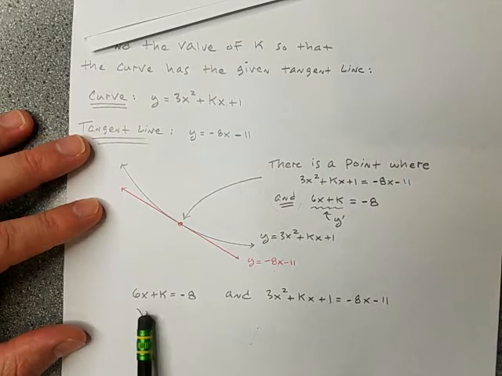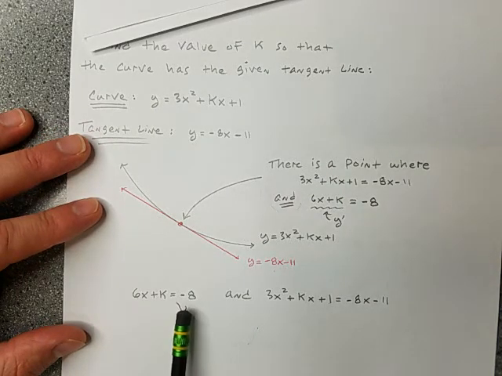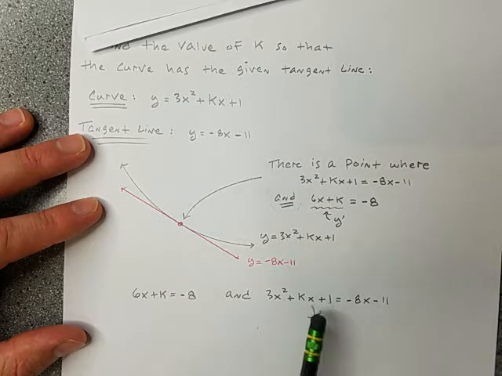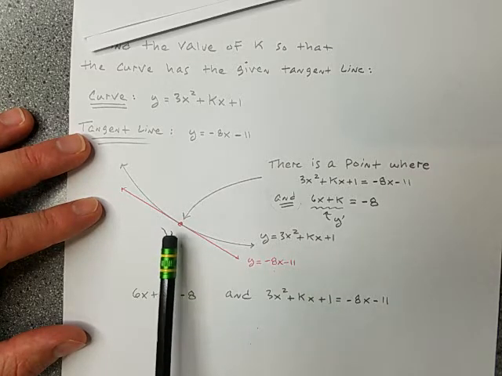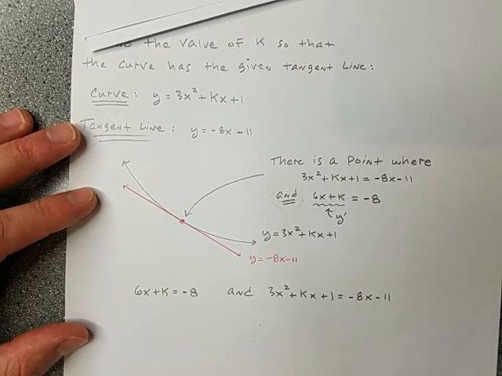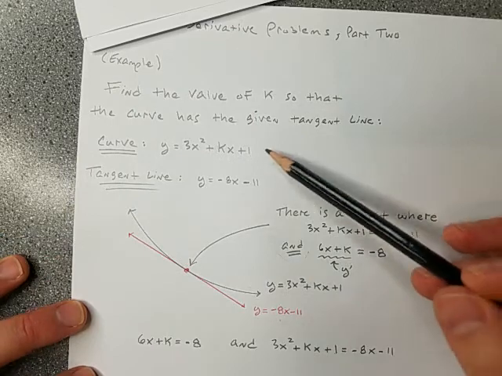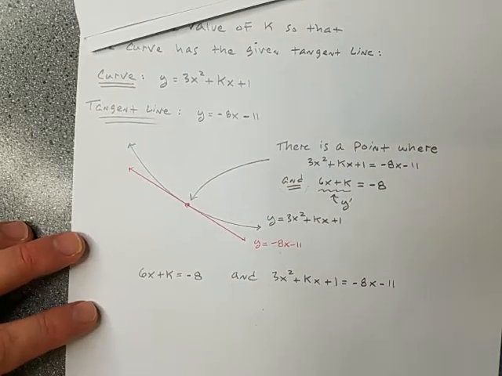This one says the slope of the curve needs to be negative 8 at this point. And this one says that the curve and the tangent line share that point. Those are the assumptions built into the problem to say that this curve has that tangent line.